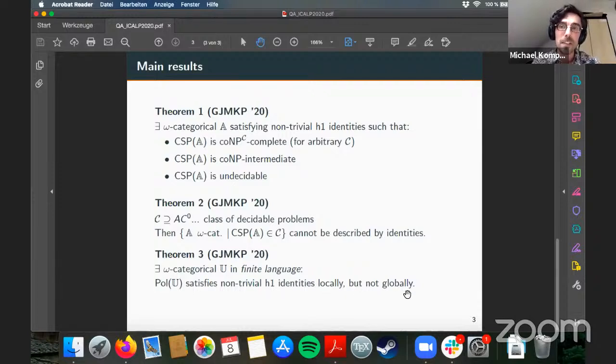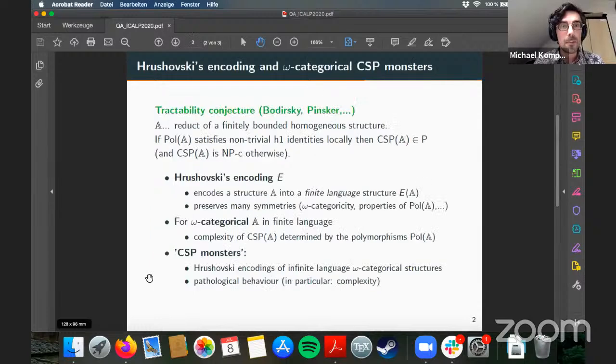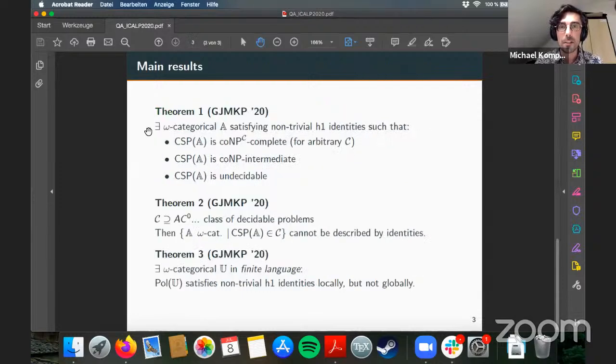And using the Hrushovski encoding, we could also find such a counterexample in a finite language. So this sort of shows that the conjecture from the previous page is not really reasonable to expand to broader classes of ω-categorical structures.